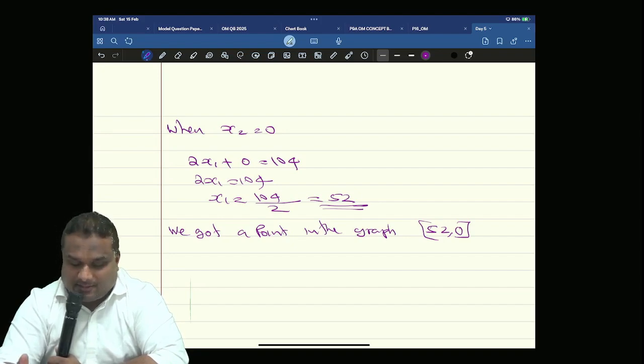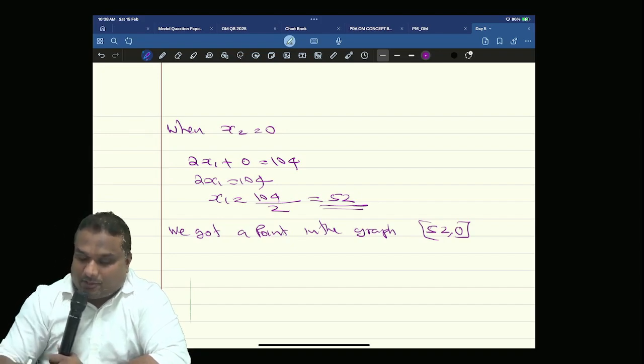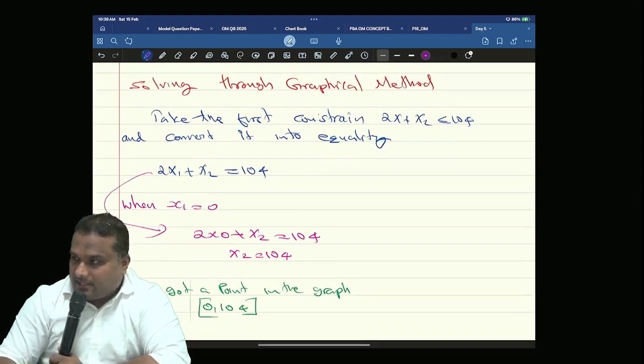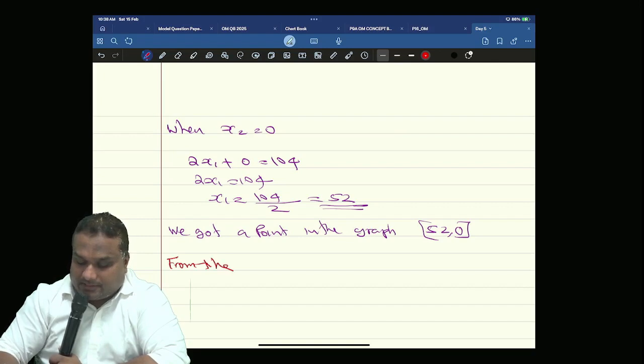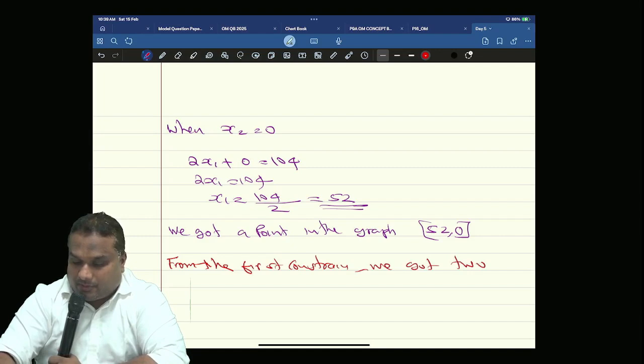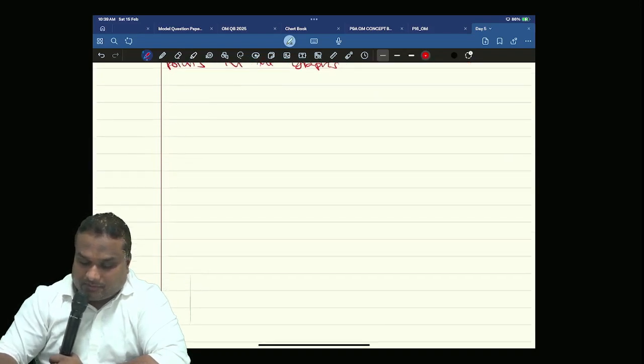So, on the bottom, listen, we got 2 points, correct? Write on: from the first constraint, we got 2 points in the graph.